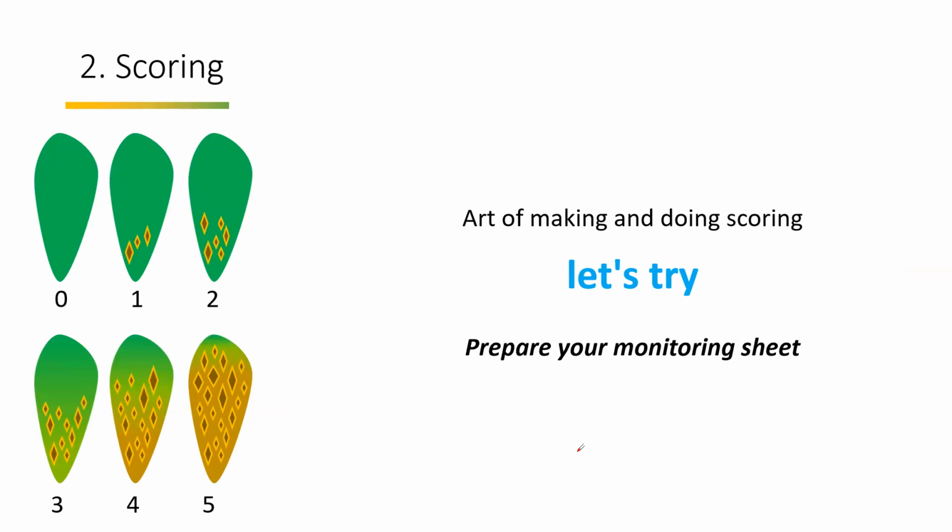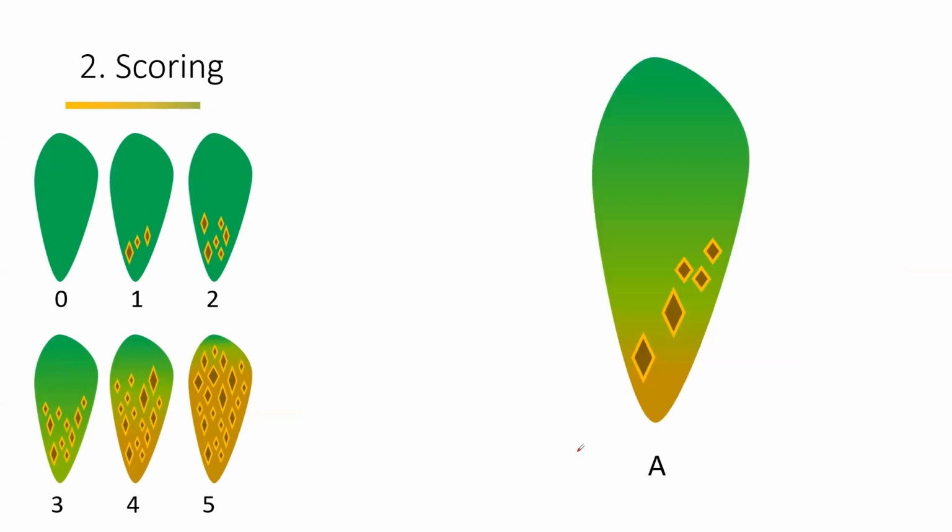But the problem is when we conduct scoring, sometimes one person will have a different perspective from another. For example, with this sample A, based on this scoring criteria, maybe some of you will put it in score 2 because they have several spots here, until half of this tissue has spots, like score 2.